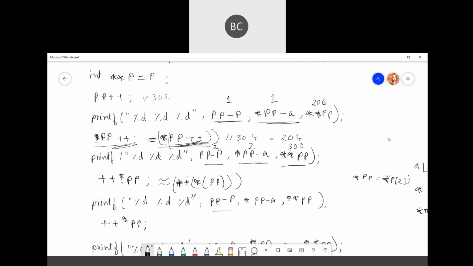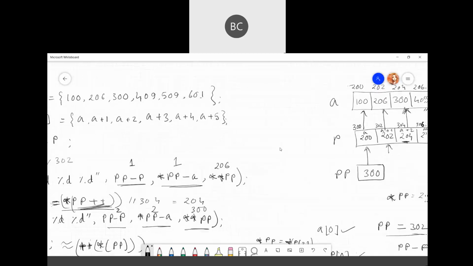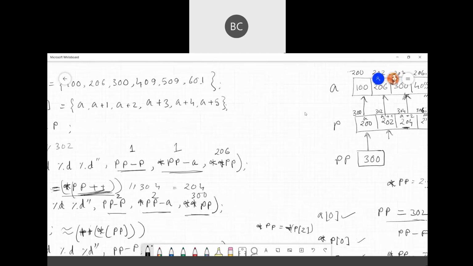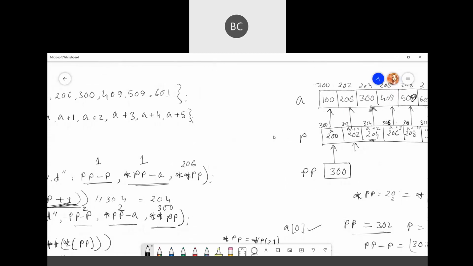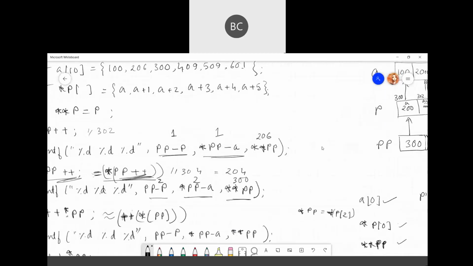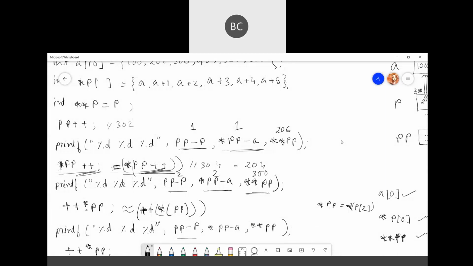What's the value here? It's 206. And now it will point to A3.